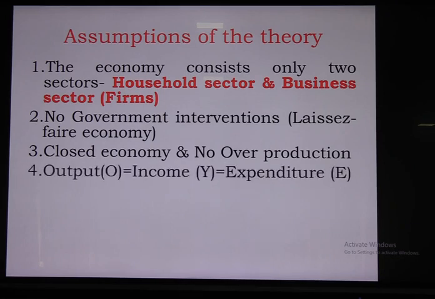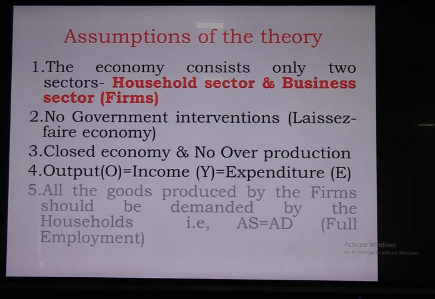So that is why here output of the business sector is equal to income. If the business sector produces 1000 rupees value of output, then income will be 1000, and 1000 rupees will be the expenditure by the household. So output, income, expenditure are the same.